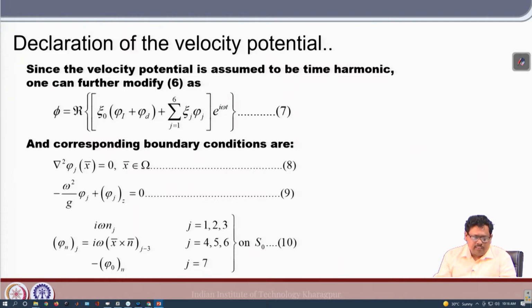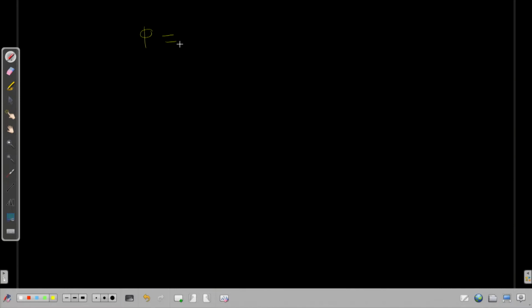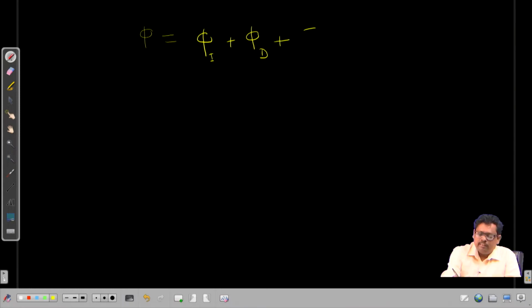So, then it is a very normal question: why do these things come here? Because if you remember in my last class what we discussed over there is as follows. We discussed that the total phi is equal to phi I, then phi d, and then the summation j equal to 1 to 6 of phi j.